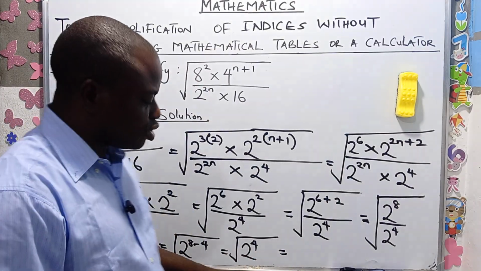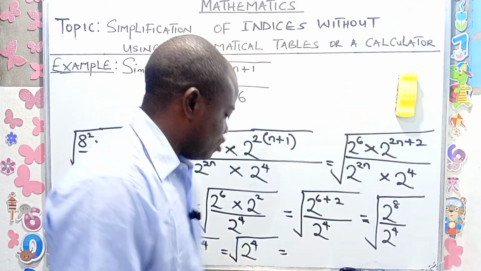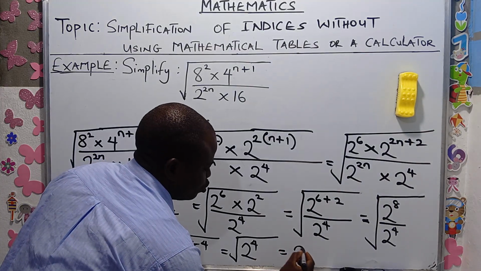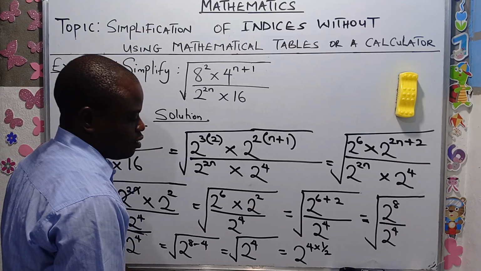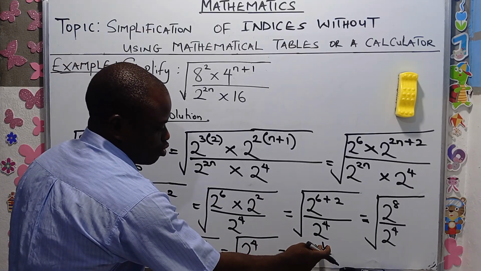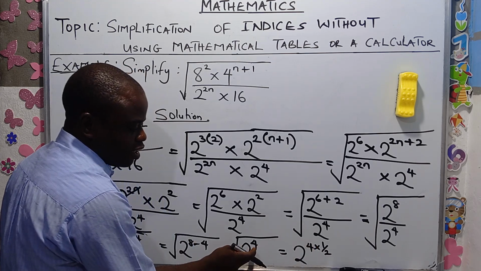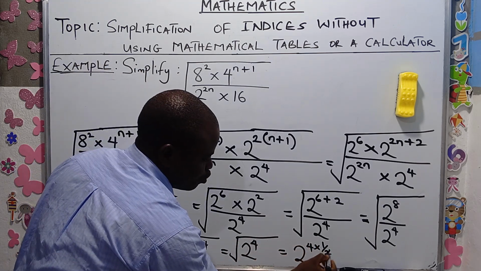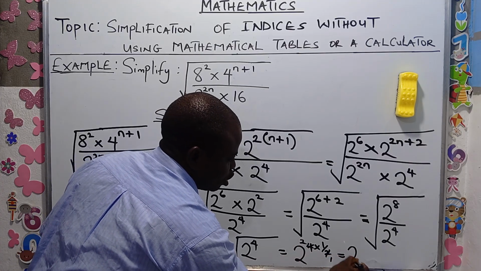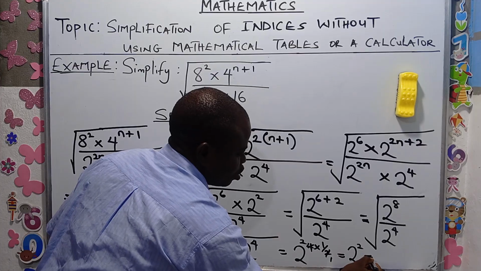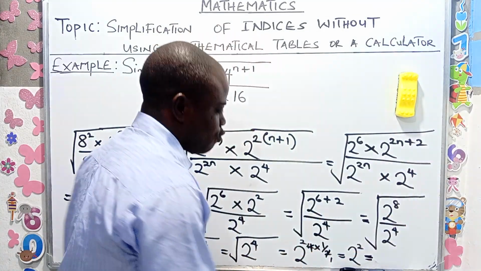Don't forget that the square root stands as half at the power. You now write 2 raised to power 4 times half, by multiplying with this 4 that is formerly at the power. Now you have 2 raised to power 2, which means 2 times 2, which is equals to 4.